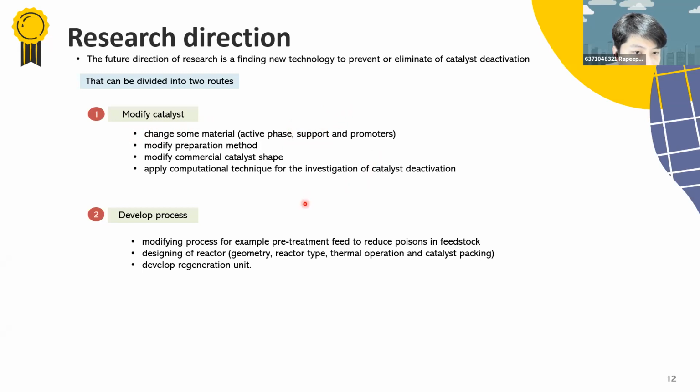Second is to develop the process, for example, modify process pretreatment of feed to reduce poison in feedstock, and design reactor geometry, reactor type, thermal operation, and catalytic packing. And the last one is to develop a regeneration unit.